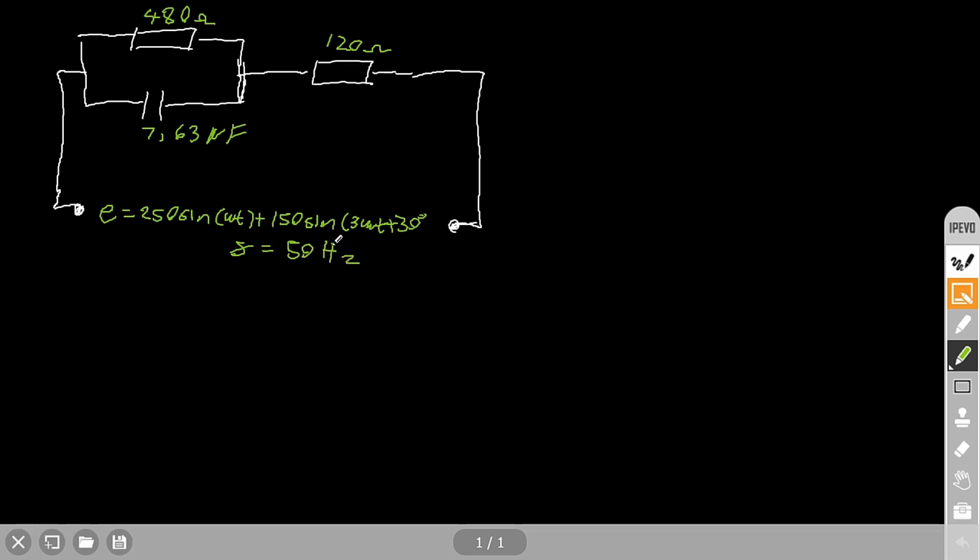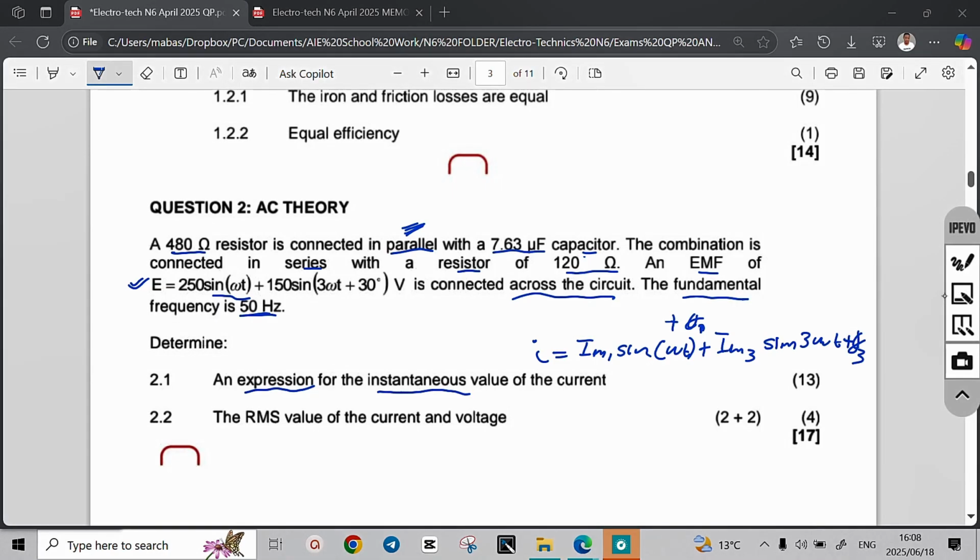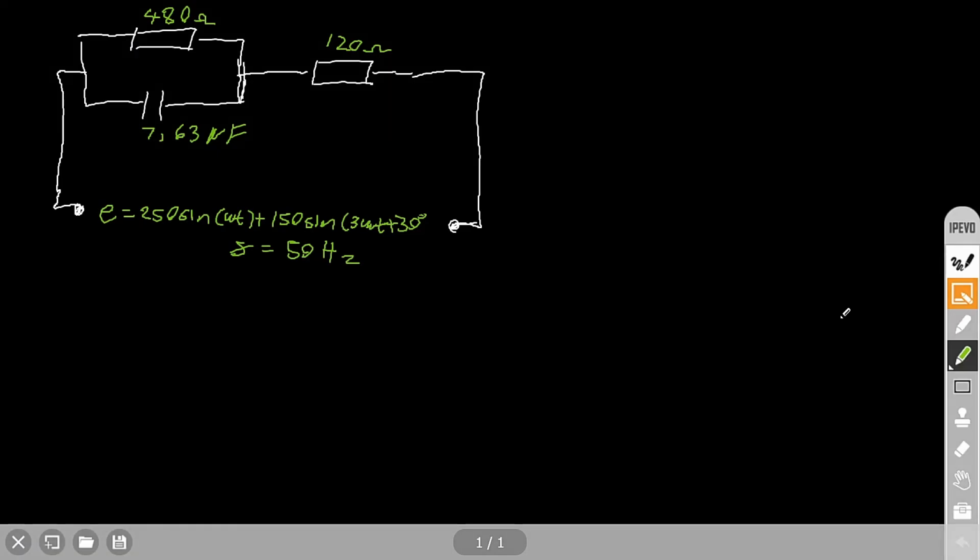So now, guys, as you can see in the formula I've written here, you have to find Im1 and the maximum current for the third harmonic. So how do we find it? The formula says Im1 is equal to the voltage 1 over the impedance.